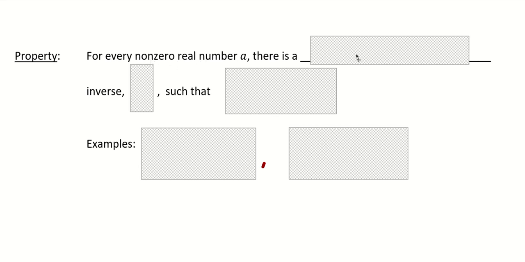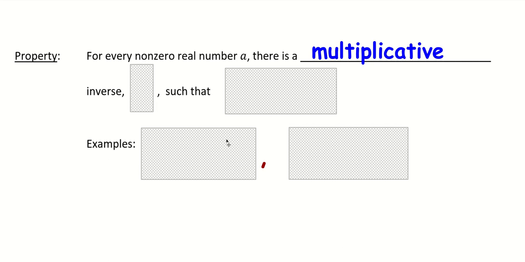There is a multiplicative inverse, which we're going to call 1 over A. So whatever number you're talking about, whether it's 5 or negative 2.3 or square root of 10 or pi, it doesn't matter.